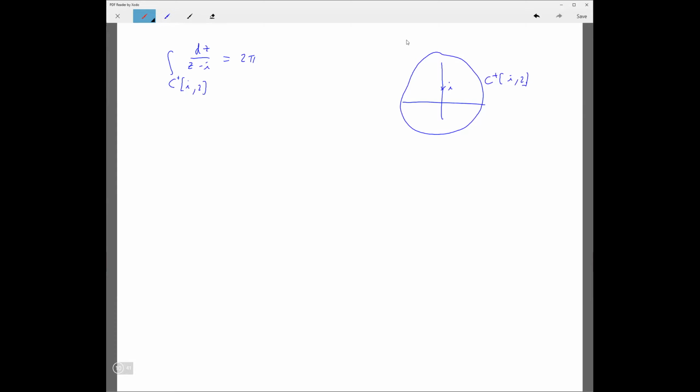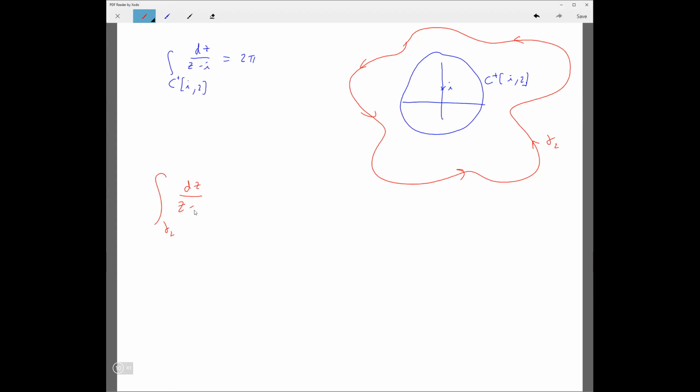Okay, now, if we form a new curve that goes like this, that's like a flower curve, ooh. Okay, and we call that gamma 2. Then the integral over gamma 2 is also going to be 2 pi i. Dang, I left the i off there. That's also going to be 2 pi i.